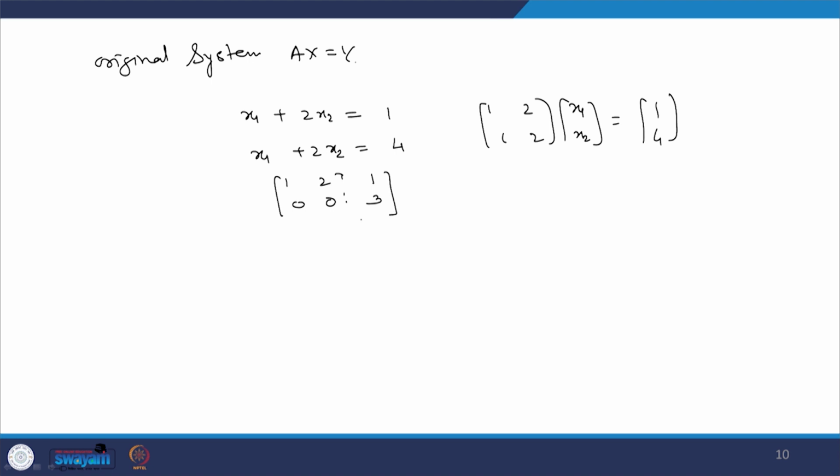So, this means that I will have the system x1 plus 2x2 equal to 1 and 0 equal to 3, which is meaningless. So, I have to make zr plus 1 to zm equal to 0. That is basically the criterion for existence of a solution of the system of equations Ax equal to y.